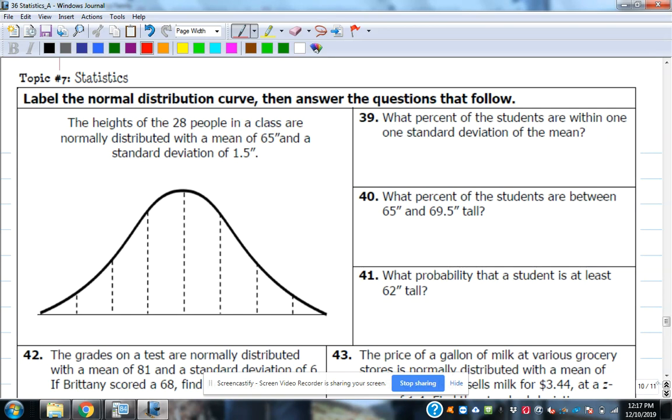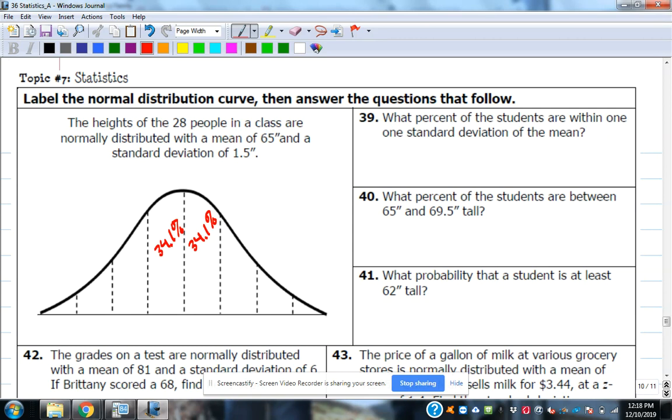And with that, let's get some percentages in there. If the mean is in the middle, then these two sections right here are going to hold 34.1% of the data points, each one holding 34.1%.